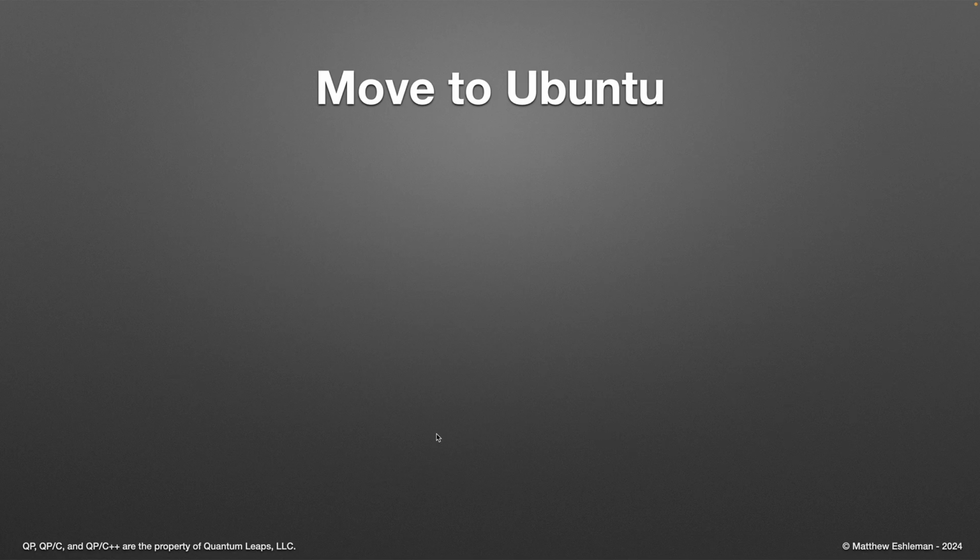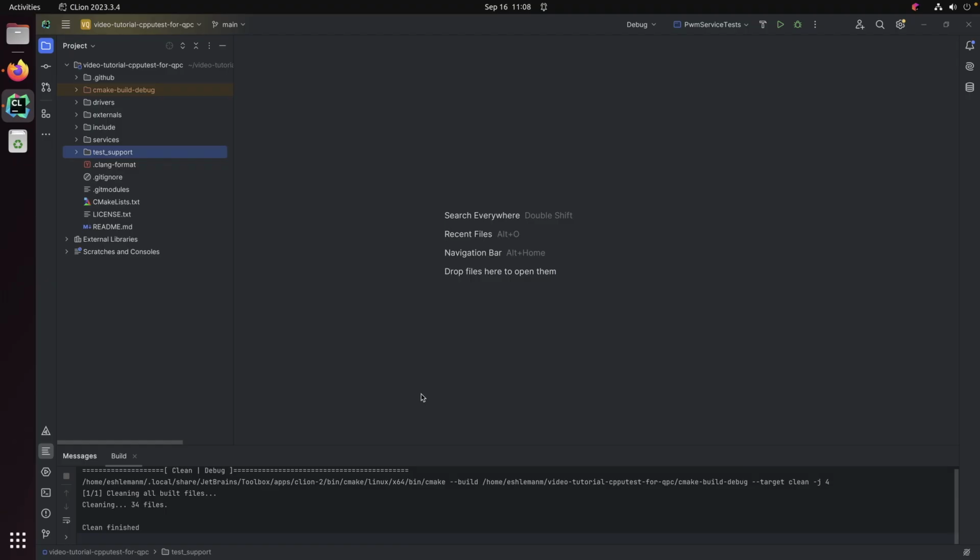So we're going to move to Ubuntu now. Okay, we're in our Ubuntu environment using CLion, and we have an initial project that is seeded with the bare minimum of code to get us started on this unit testing activity. Just some quick things to point out.